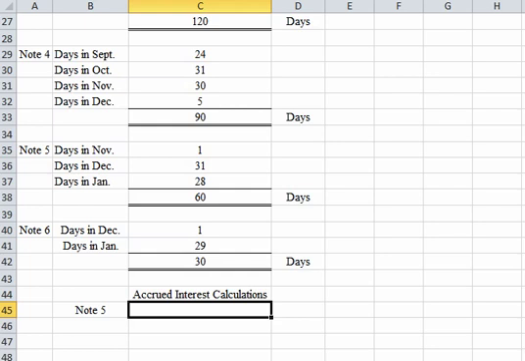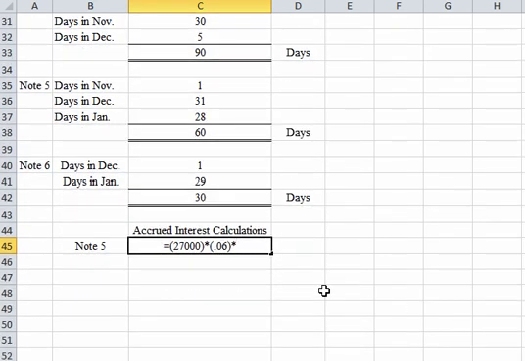Okay, so let's start with note 5. Now, your formula is the same as earlier. It's going to be equal to note 5, the face amount was $27,000, times our interest rate on note 5 of 6%, times, here's where it's a little bit different, the number of days of interest earned in year 1 for note 5.